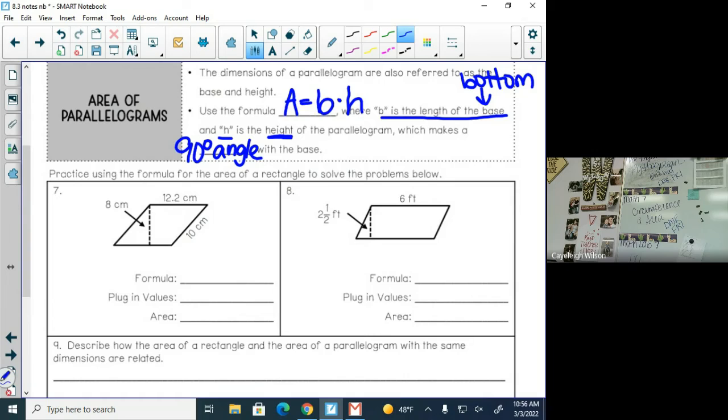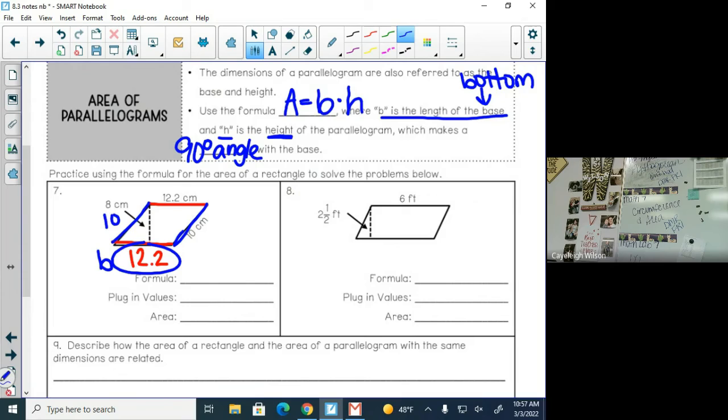I know that if this is 12.2, guess what this is? 12.2. If I know that this is 10, guess what this is? 10. Now, I want somebody to raise their hand and tell me what number would be the base of this parallelogram, Brian? 12.2. So this right here, this is the base.